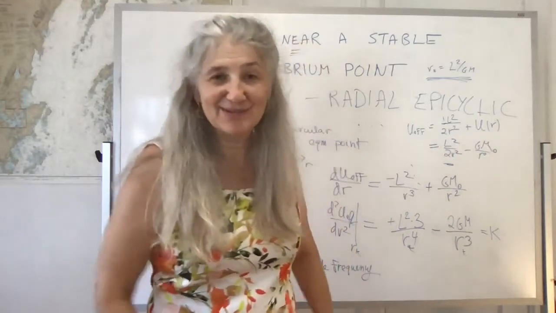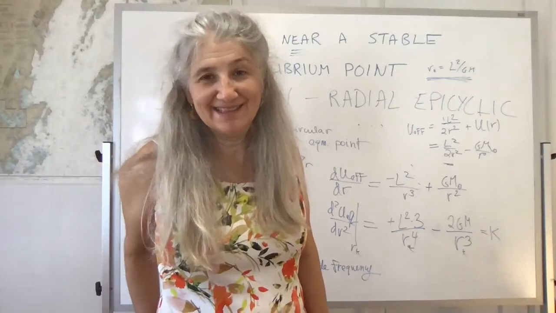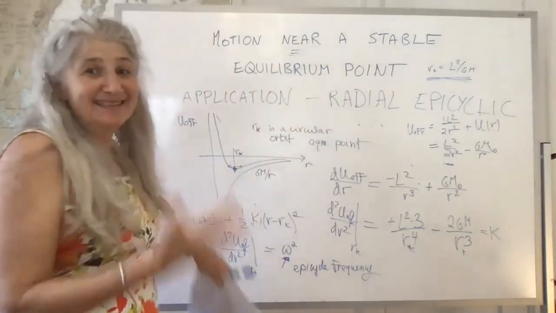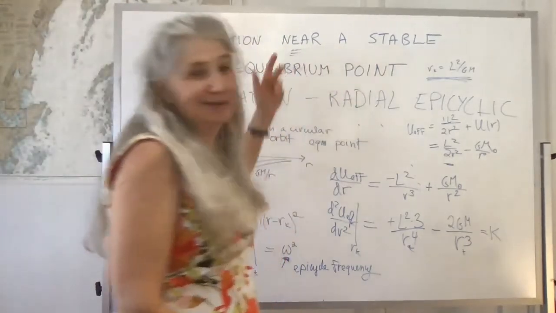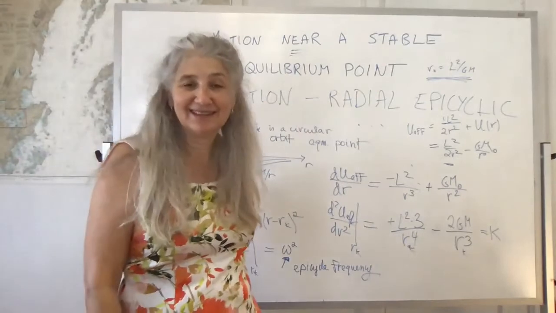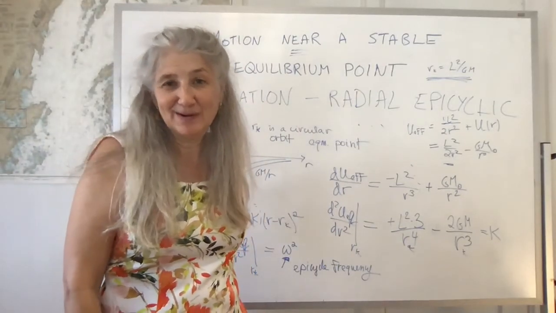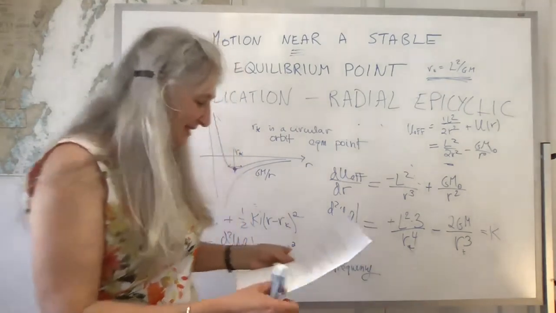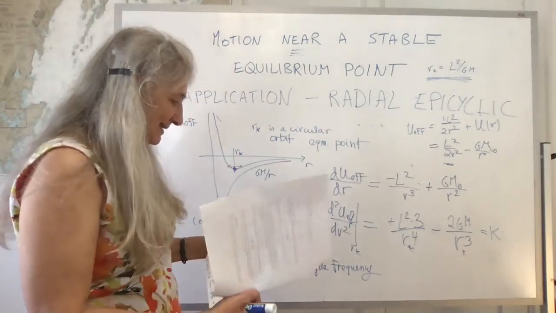So the actual value depends on the radial form of the potential in the original system. But in any case, that's an example of looking at motion near a stable equilibrium point. There's no reason why we can't think of elliptical orbits as small radial oscillations around a circular orbit. Okay, so that's that part of this example.